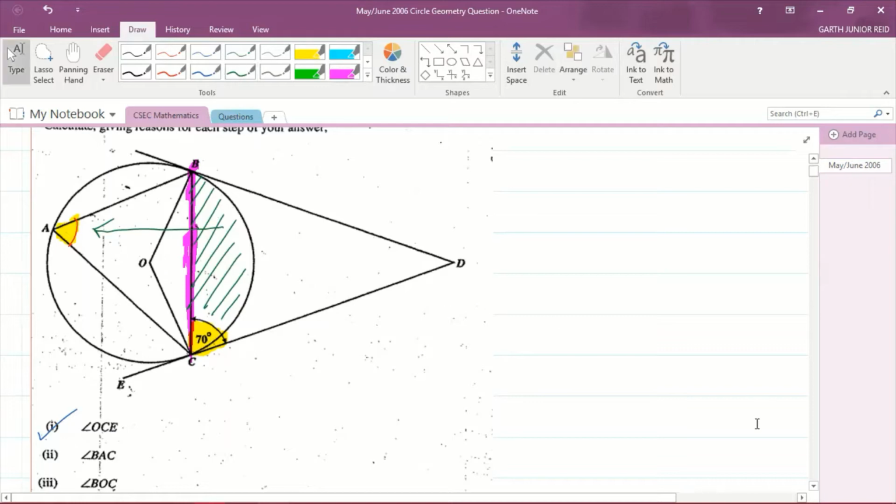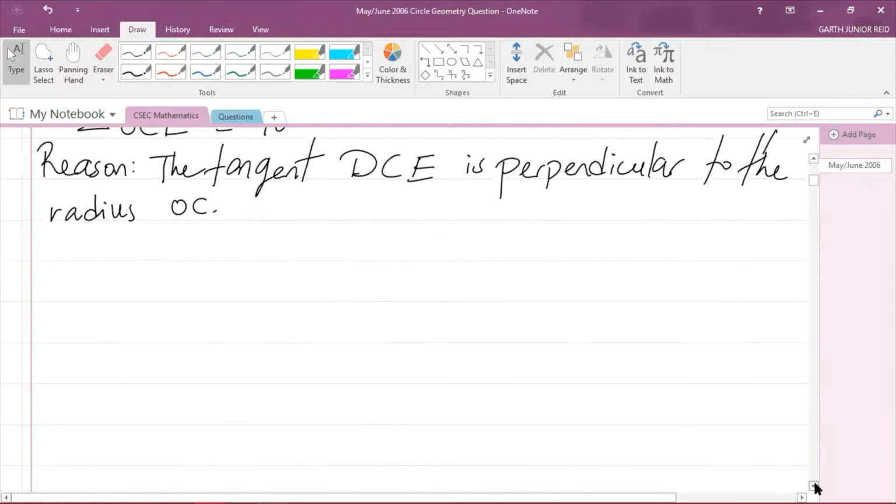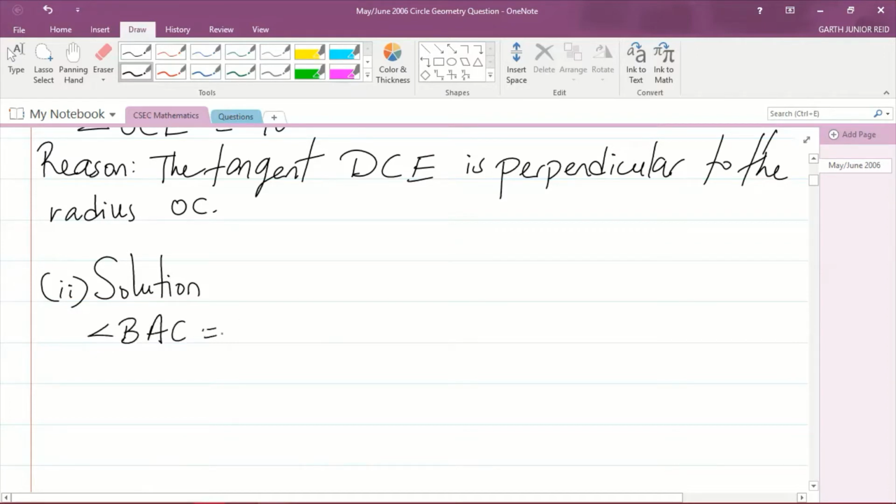Let's do the part 2 solution. They had asked us to calculate angle BAC, and we're saying that it is equal to the angle between the tangent and the chord, which was 70 degrees.